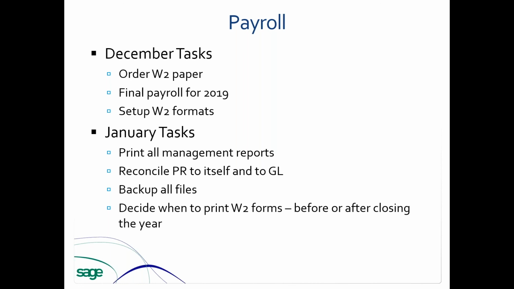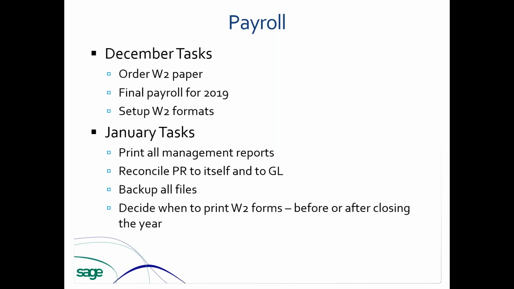You're going to need to make sure that everything is entered for 2019. The final payroll is run. Any manual checks that need to be recorded have been entered in. And then we're going to talk here in a minute about W-2 formats.